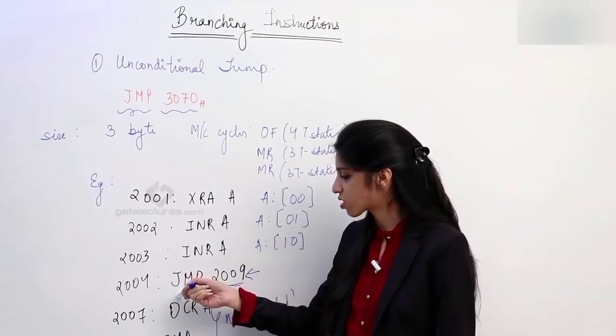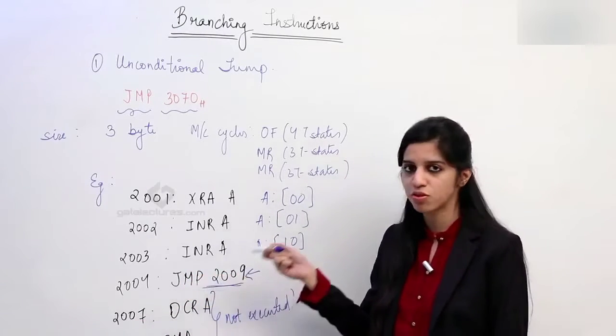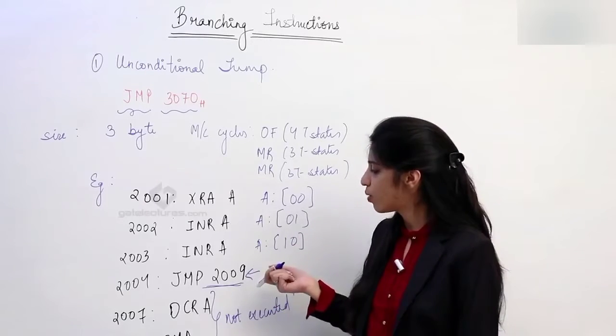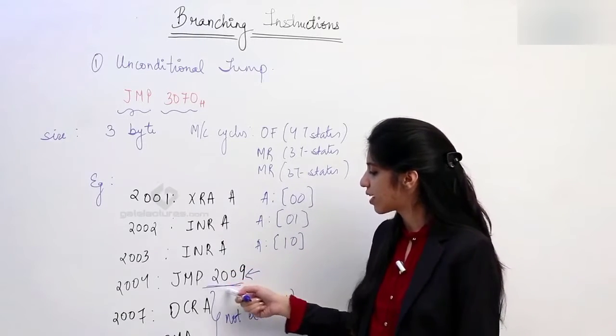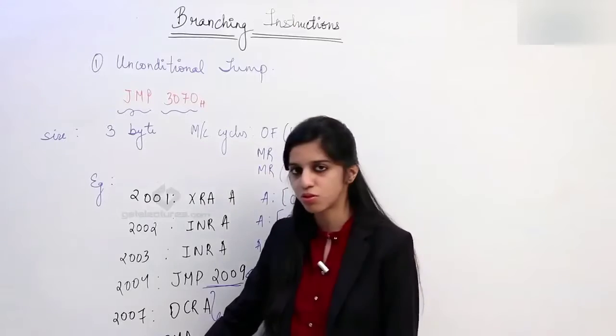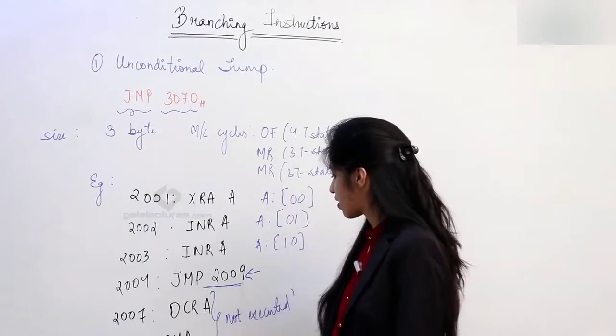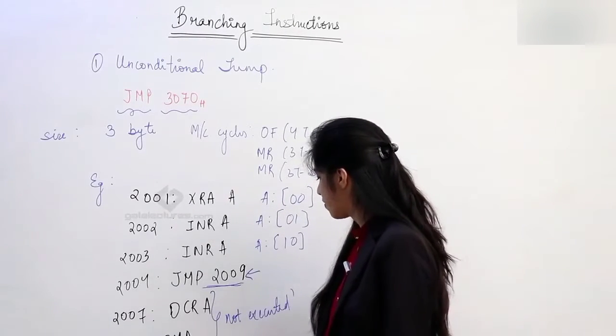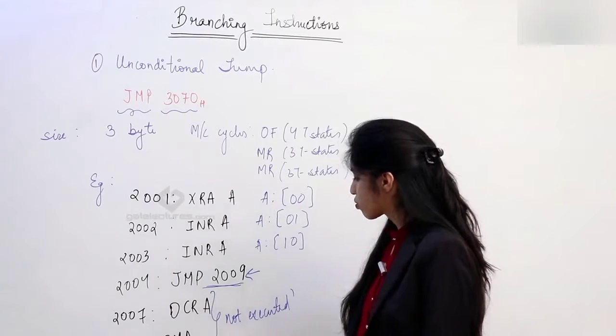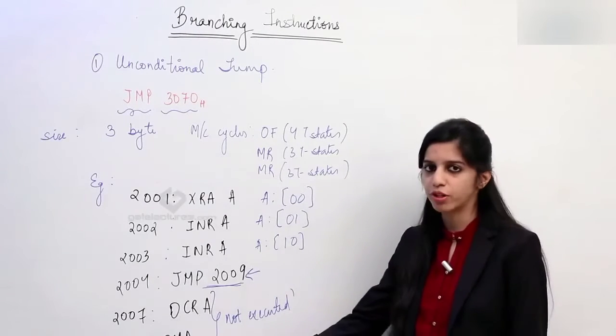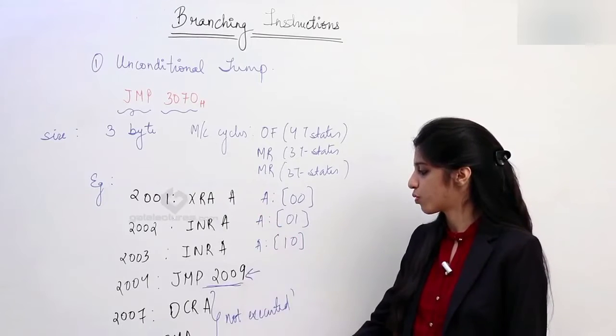But because of JMP 2009, the PC value gets overwritten with 2009 and it directly jumps to memory location 2009, which has INR A. So A gets incremented and becomes 1, 1. So the final value of A is 1, 1 after execution of this program.